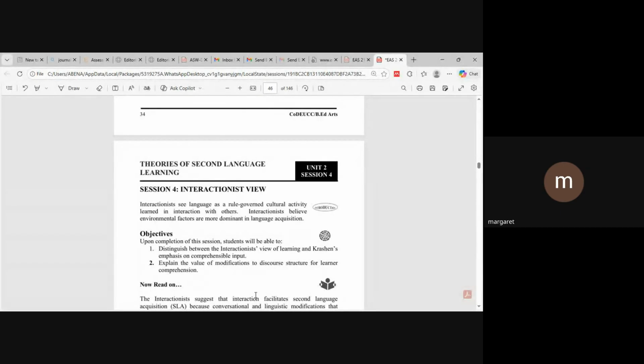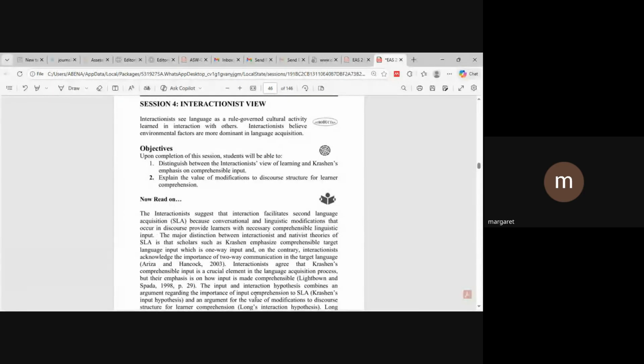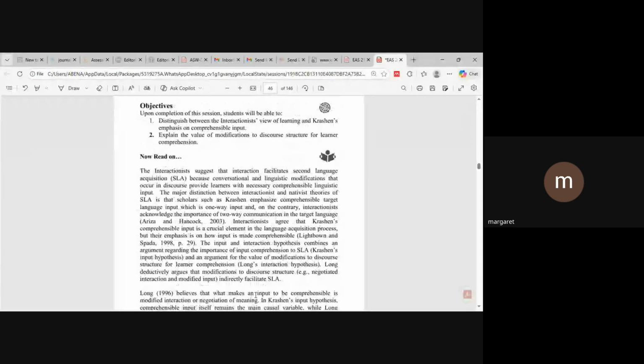So let's look at the interactionist point of view in depth. The interactionist point of view suggests that interaction facilitates second language acquisition, because conversational and linguistic modifications that occur in discourse provide learners with necessary comprehensible linguistic input. Discourse here simply means interaction.